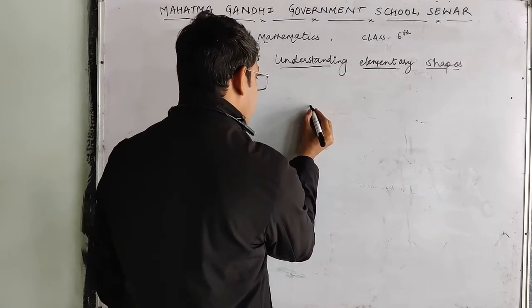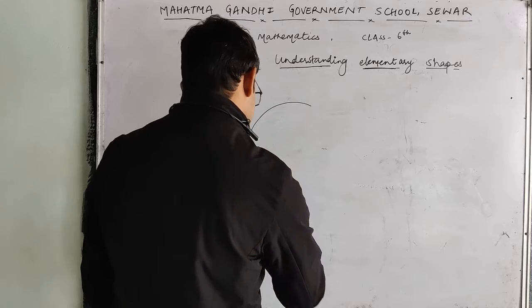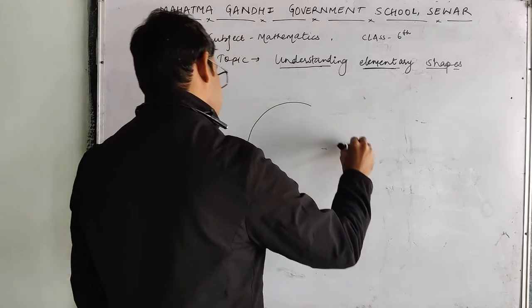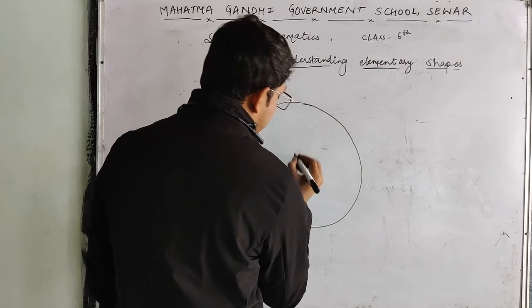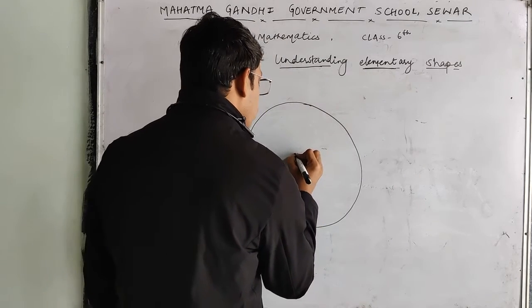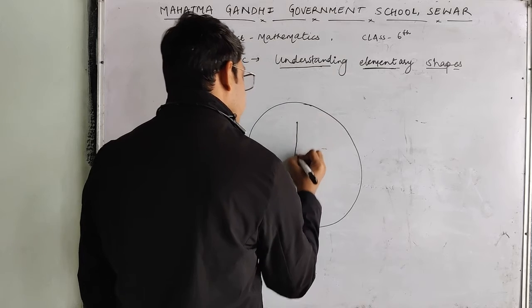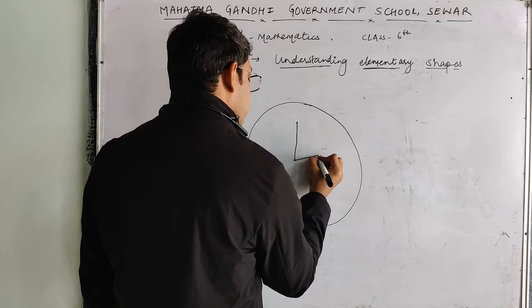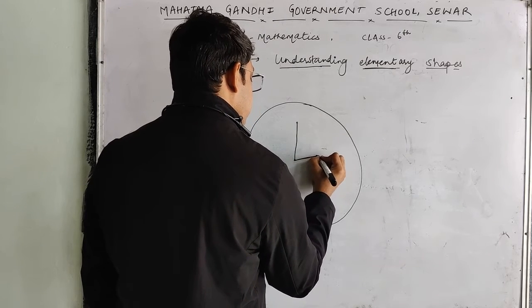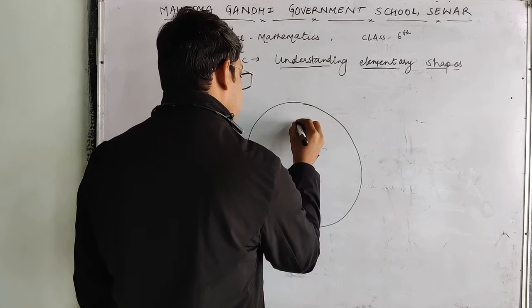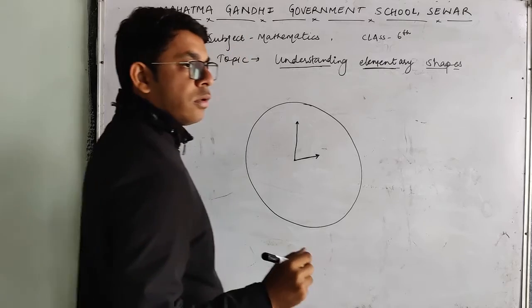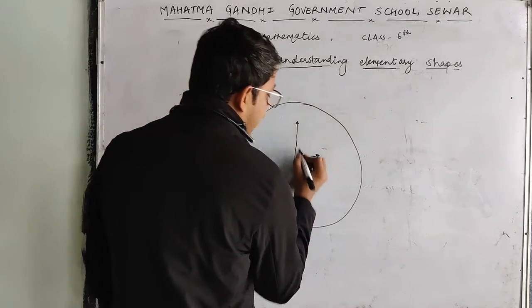If I draw a watch, and this is the middle point, there are two hands, this is for hour and this is for minute.